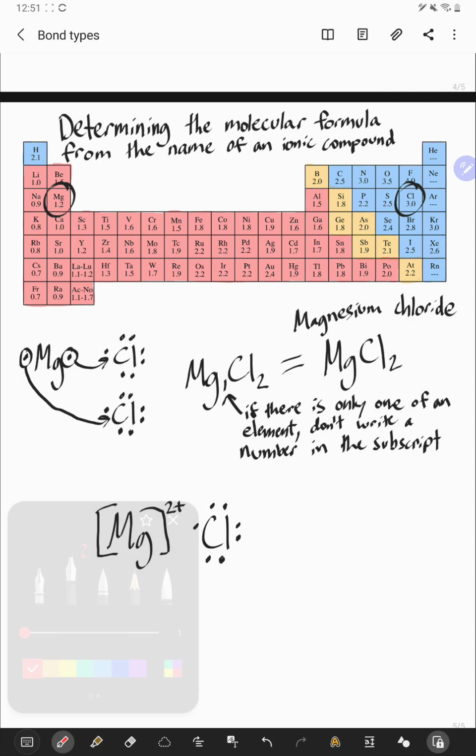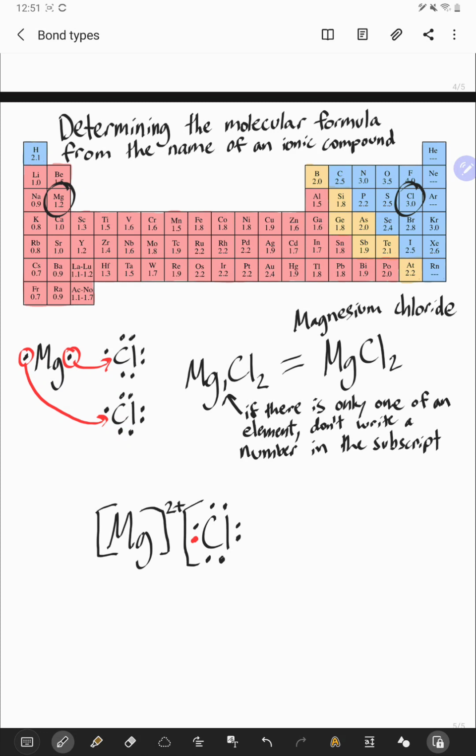So I'm going to go back and change this to drawing it in color, so that I can represent that this electron right here came from the magnesium. So chlorine, we said it normally has 7 valence electrons, but it gained 1 valence electron.